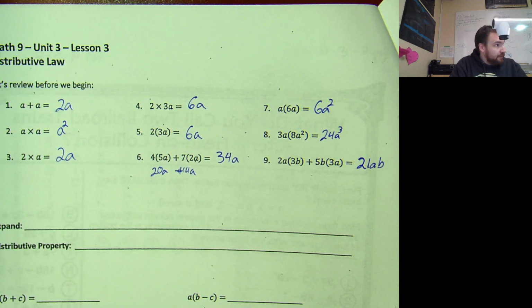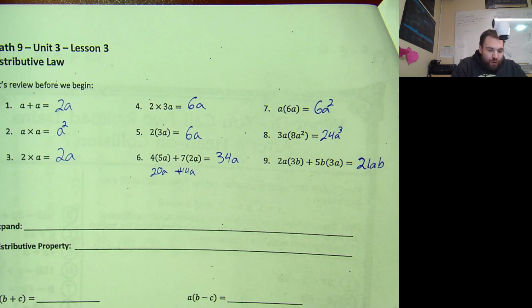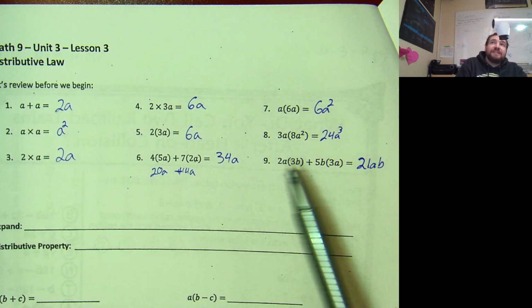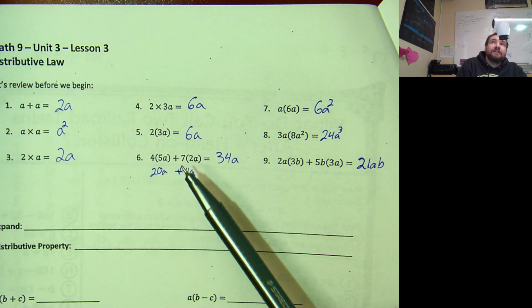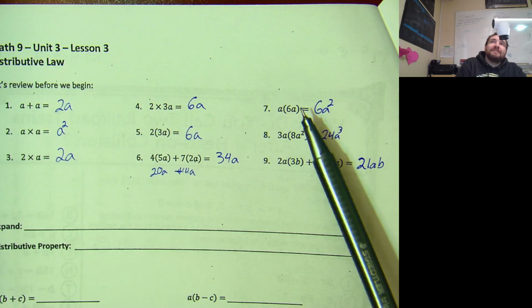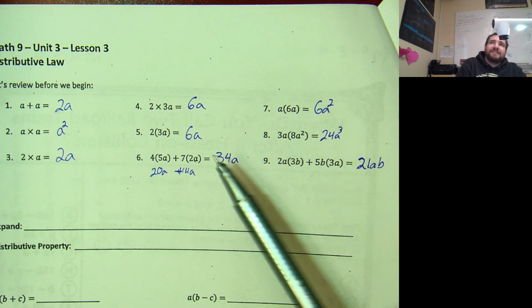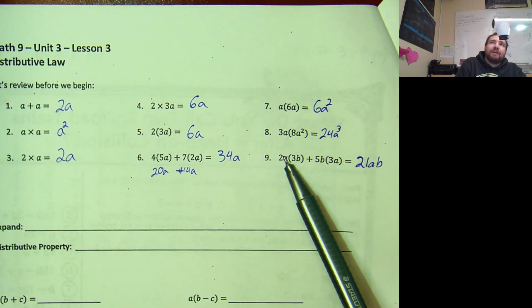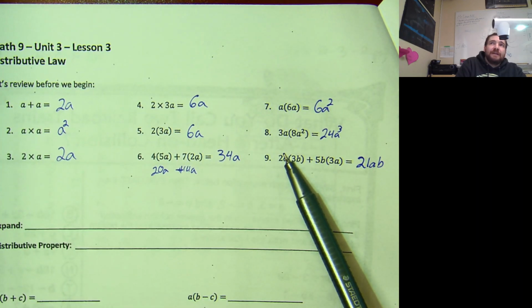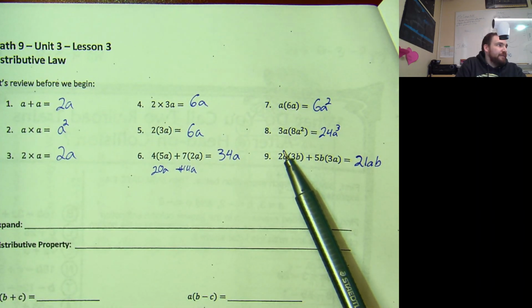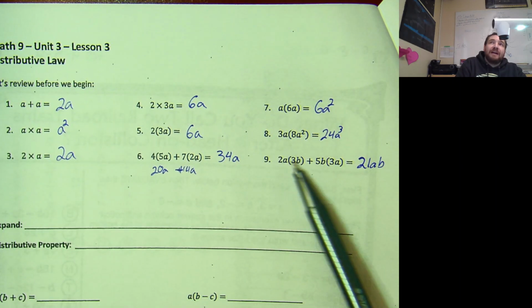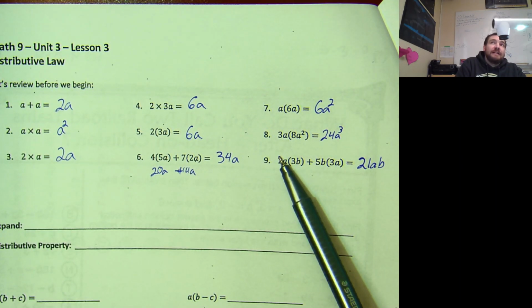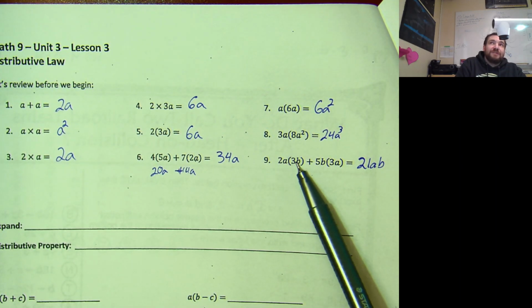Yes, Carmen. Sure. So with these ones, again, this 9 and 6 are very similar. And, well, I guess 6, 7, and 8 all build towards 9. So with this one here, if I had 2 times 3b, that would just be 6b, right? But I've got 2a times 3b. So I still do what I did before. I'm going to rewrite this as 2 times 3, which is 6.